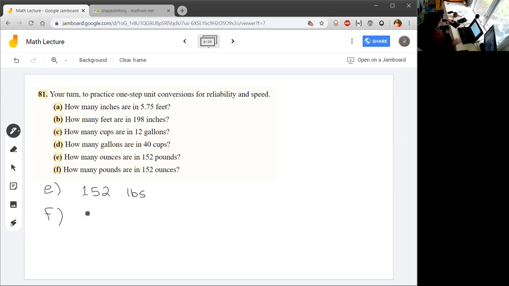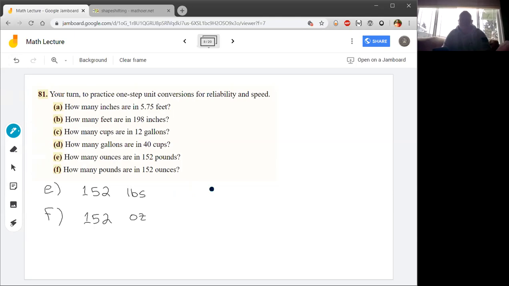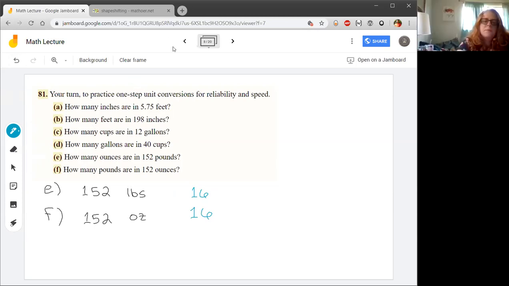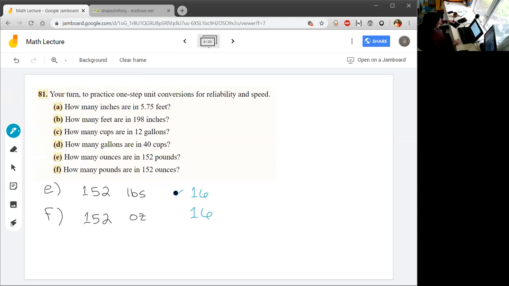And 152, why is my not working? Okay, ounces. So how many ounces are in a pound? 16. 16, so there'll be 16s here. Are we multiplying or dividing? First one's multiply.